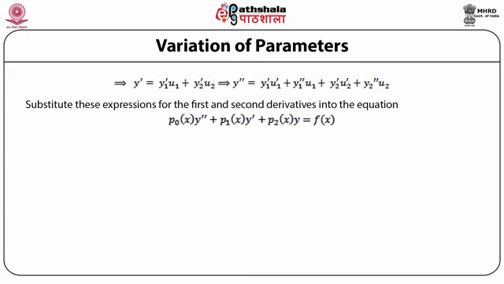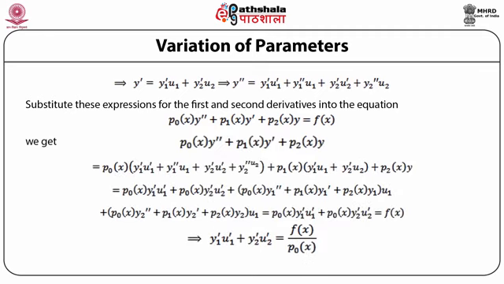Substituting these expressions for the first and second derivatives into the differential equation, we have p0(x) y double prime plus p1(x) y prime plus p2(x) y will become equal to p0(x) multiplied by, within the brackets, y1 prime u1 prime plus y1 double prime u1 plus y2 prime u2 prime plus y2 double prime u2, brackets close, plus p1(x) within the brackets y1 prime u1 plus y2 prime u2 plus p2(x) y.